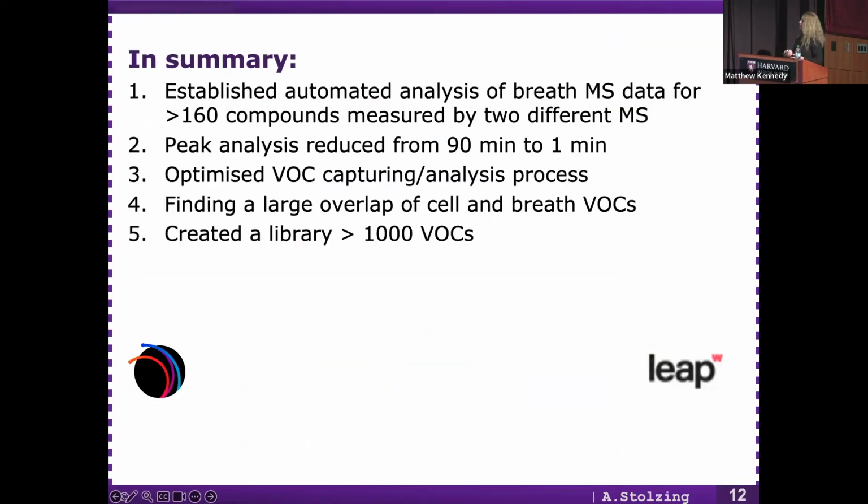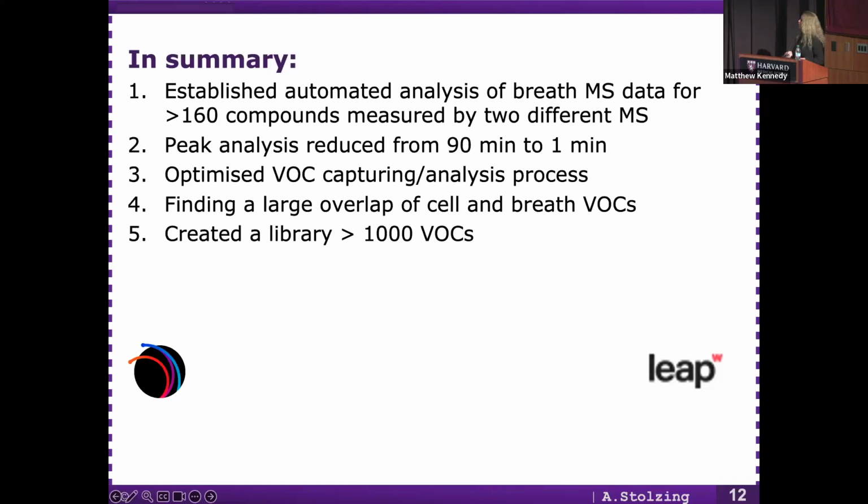So hopefully I have introduced you to the fascinating world of breath analysis. We have established a pipeline of automatic VOC recognition with 160 compounds, with the list growing. We have reduced the time for analysis, and we found some interesting overlap between breath and cell VOCs.